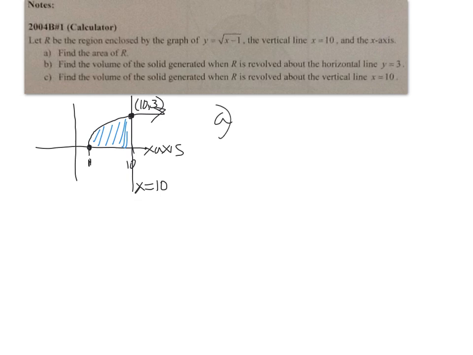So you'll remember the area between two curves would be the integral from the leftmost x, which would be 1 here, to the rightmost x, which would be 10, of the upper function minus the lower function, but the lower function just has an equation of y equals 0. So really we just need the square root of x minus 1, and then dx.